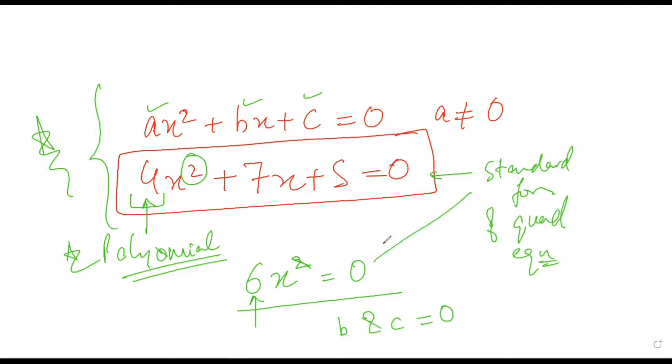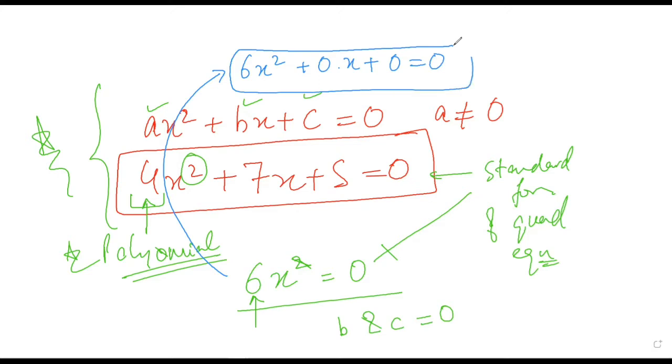Still, it is a quadratic equation. Mr. Sarthak, is it making sense till here? Yes, sir. Why is this a quadratic equation? Because I can write this equation in the form of 6x square plus 0x plus 0 is equal to 0.